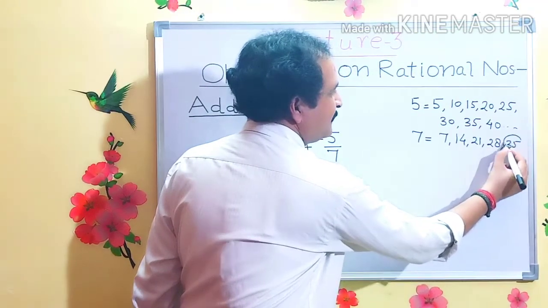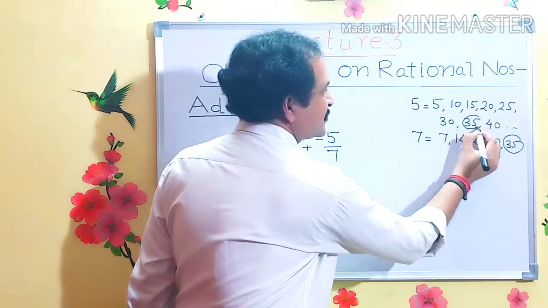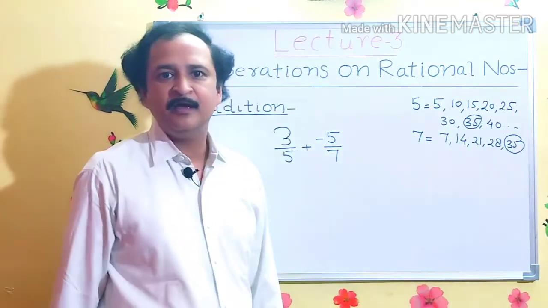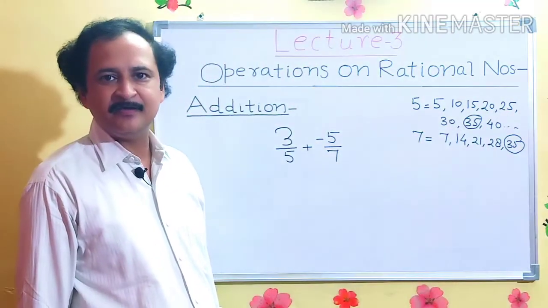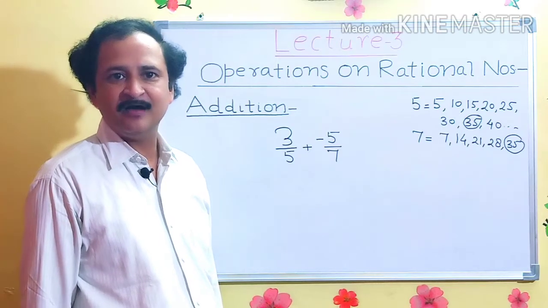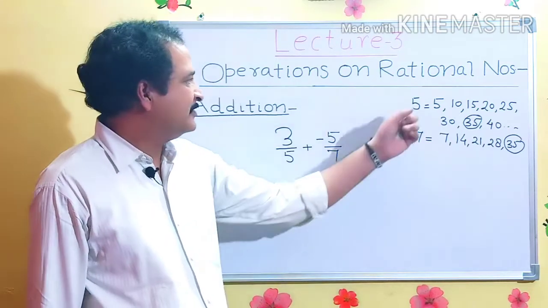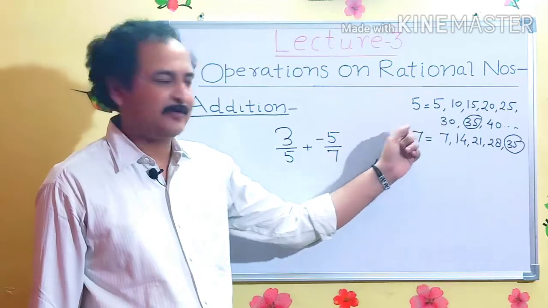Oh, 35. This is a common multiple of 5 and 7. It means 35 is the LCM of 5 and 7.